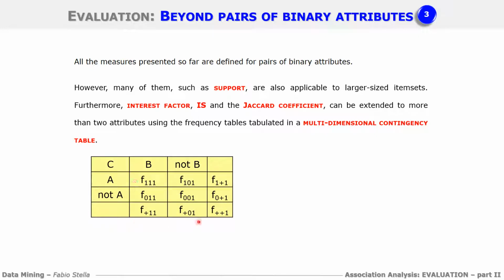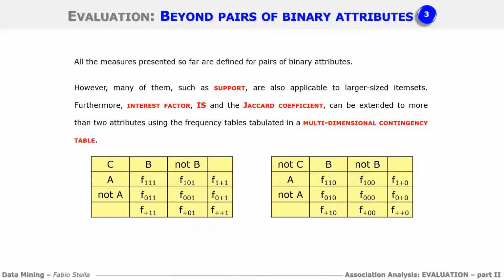Here we have a contingency table for the pair of items A and B in the case where there is the presence of the item C, while to the right we have a contingency table for the pair of items A and B in the case where the item C is not present.